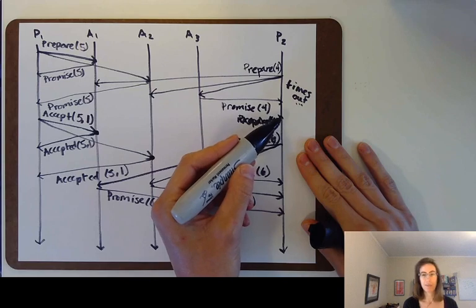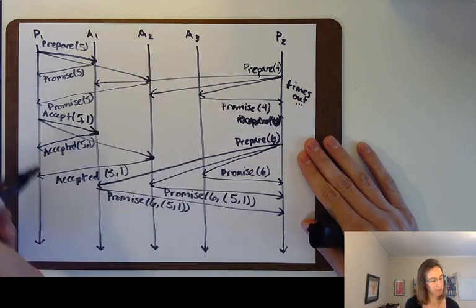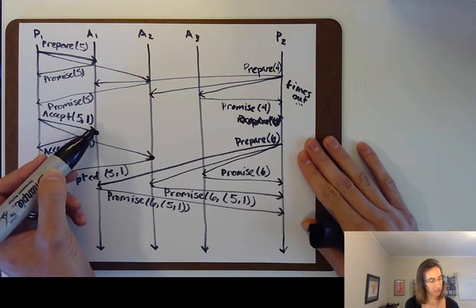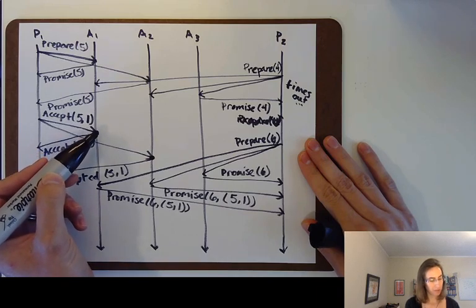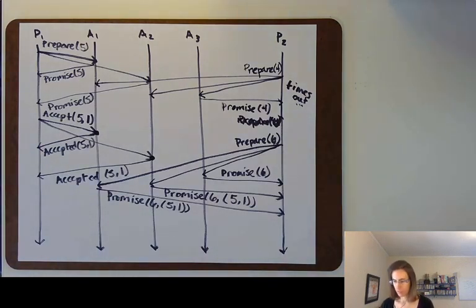And then you're probably correctly anticipating one of the things that could go wrong here. Then when P1 tries to send these accept messages, they're going to get ignored. So if you're starting to wonder if this could cause a case where Paxos doesn't terminate, you're right.